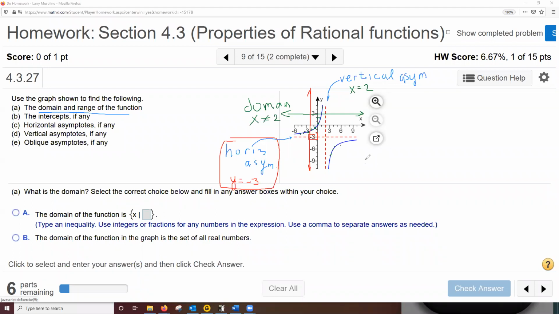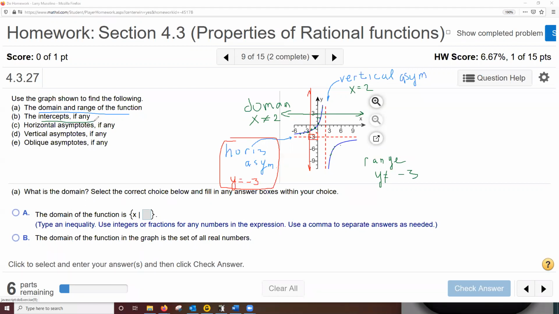All right, what about the range? Again, the range is the set of allowed y values. But because there is a horizontal asymptote at y equals -3, y is going to take on all values except -3. So I'm going to write the range as y not equal to -3. Then it's going to ask us, what are the intercepts?